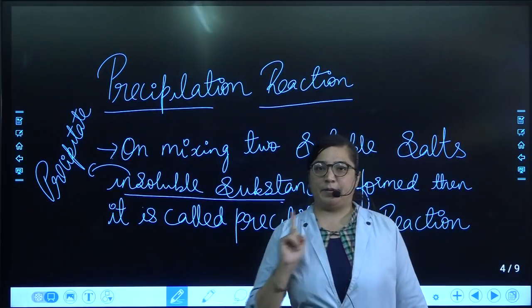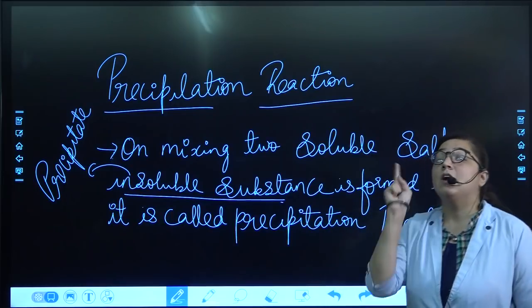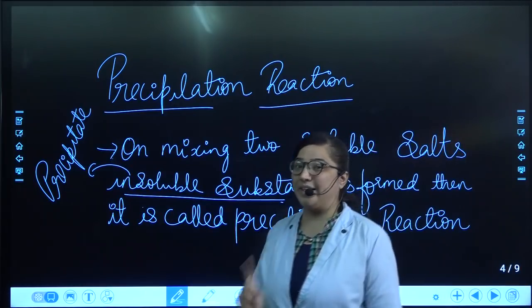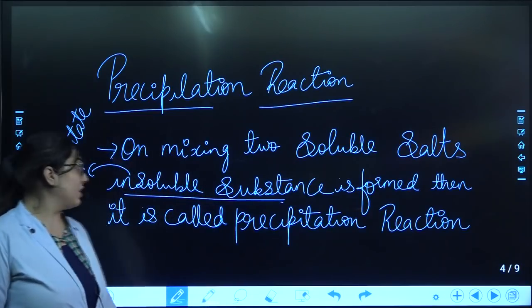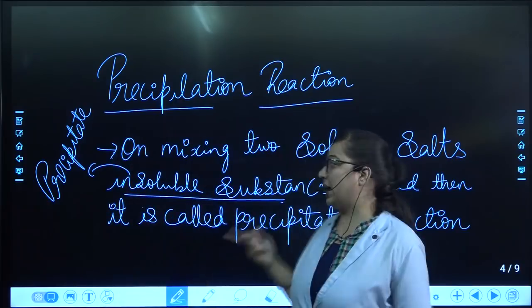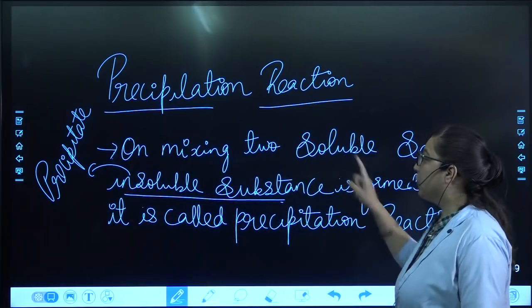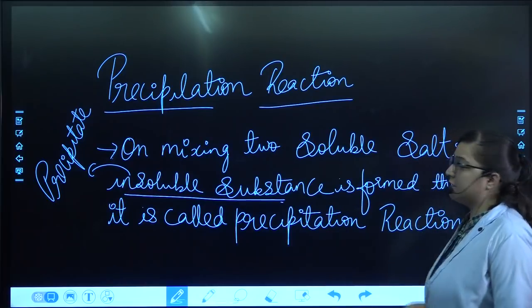What is precipitation reaction? Two soluble salts, when they are combining, it is called a precipitation reaction. And that insoluble substance is called the precipitate. You have not noted this down, so note it down fast.